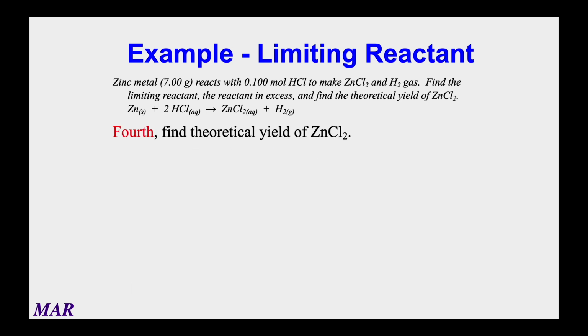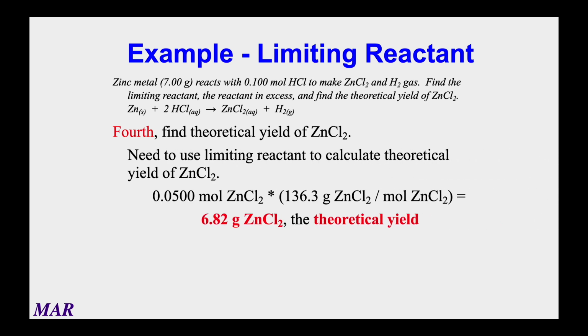Once we know the limiting reactant, we can use those values to find the theoretical yield of the zinc 2 chloride. Now, usually theoretical yield is in grams, all right, sometimes moles, but usually grams. But the important part here, theoretical yield has to come from the limiting reactant. So we're going to go back to the zinc chloride from the HCl, the limiting reactant, which was 0.05.